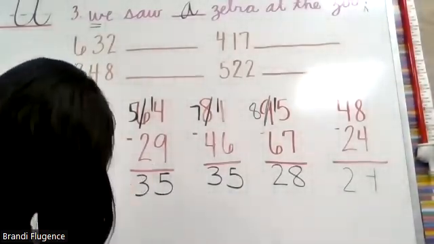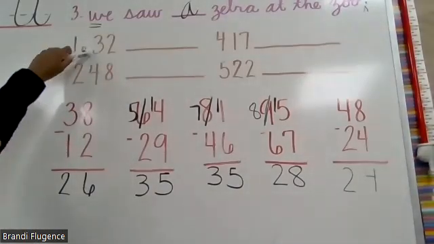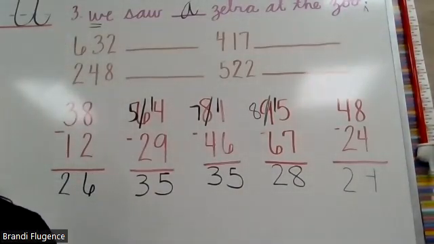All right, let's go ahead and review expanded form. So I have 632. Let's expand it. 600. All right, how do I expand this?